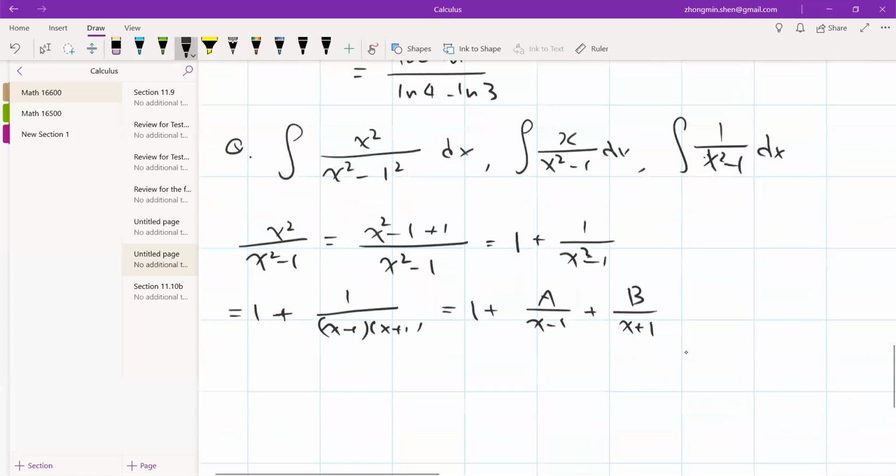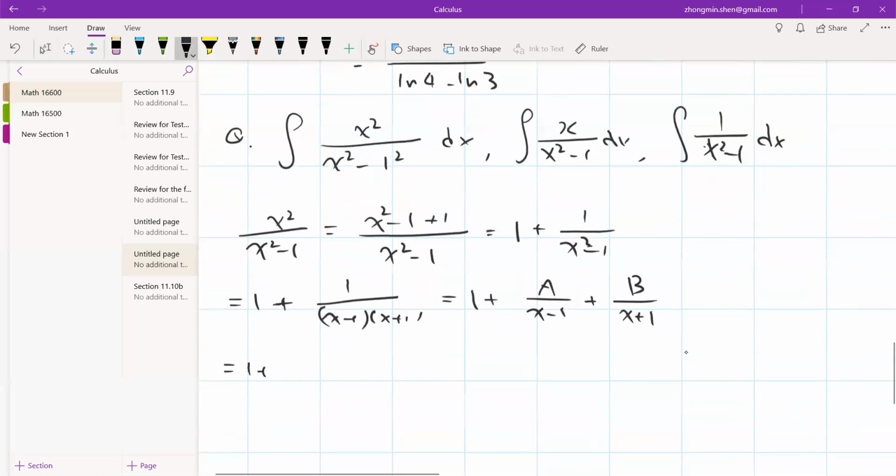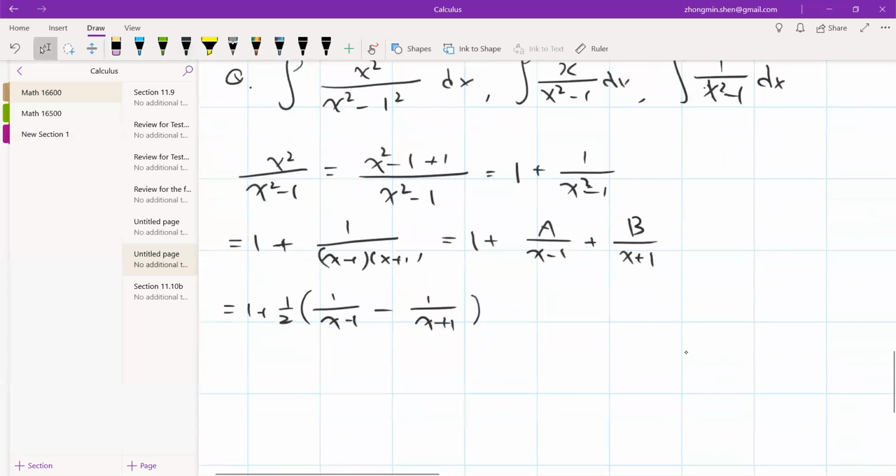But there is a standard quick way: x minus 1 minus x plus 1. Then you find that x cancels out, but it created 2, so you have to put 1/2 there. You can get a equals 1/2, b equals -1/2 by the standard method.